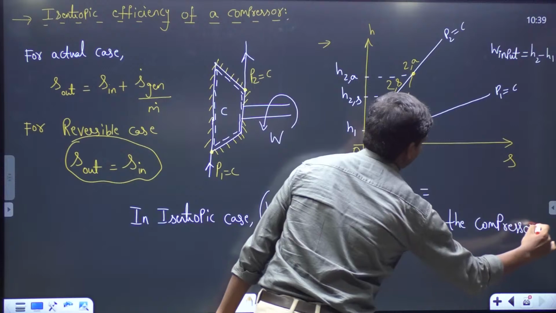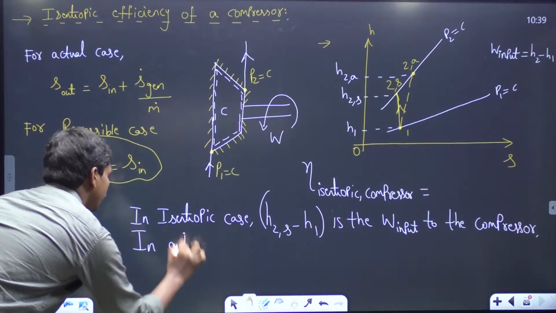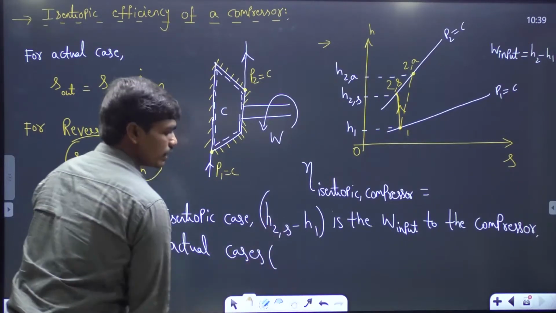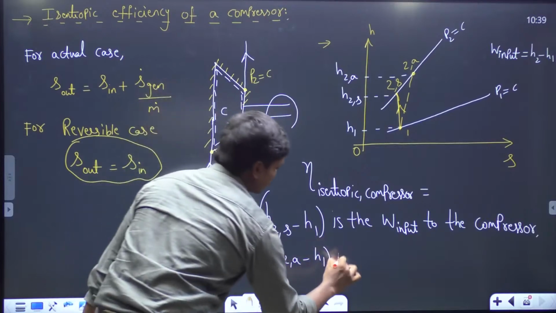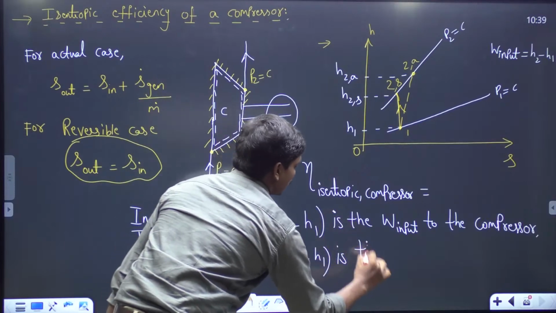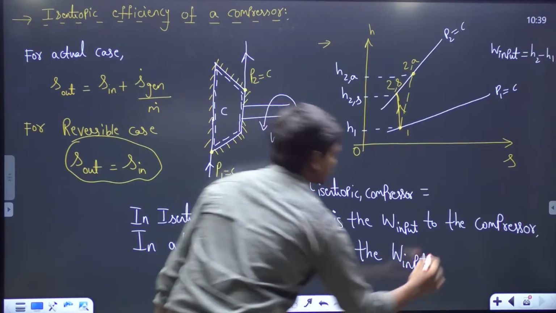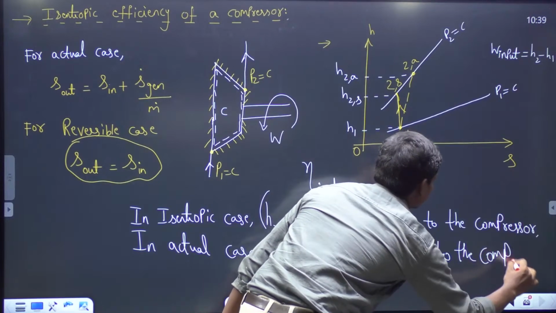But in actual cases, what does it happen? In actual cases, you will be having H2 actual minus H1 as the work input to the compressor.